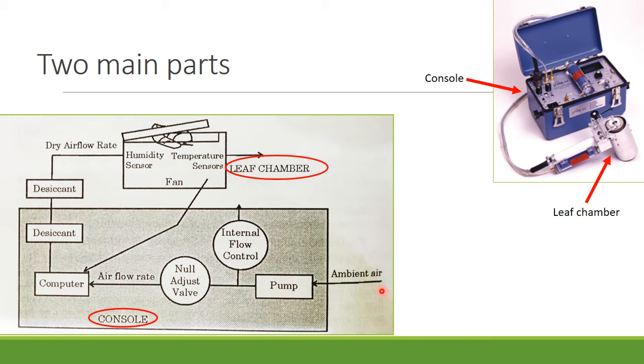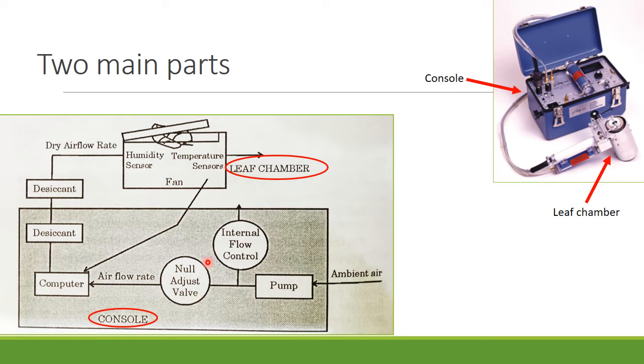The pump draws air from inside the console and pumps it to the air tank, where the air is divided in two directions. One part escapes via the internal flow control. The internal flow control controls and adjusts the relative humidity inside the chamber to a set point.